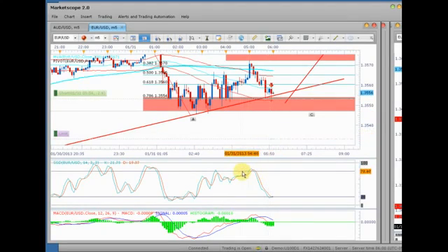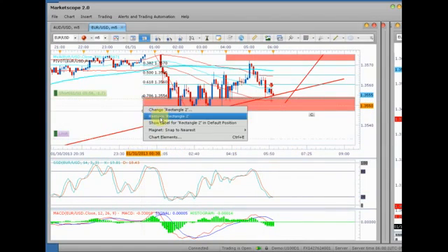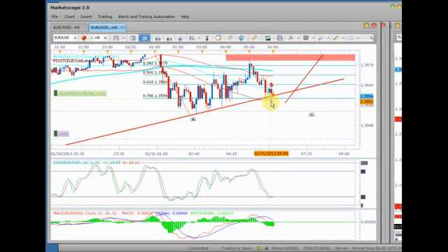Let's see if we get a move below. And you see price actually, if I can move this red box out of the way. Goodbye, red box. But we are coming back down through that line there.